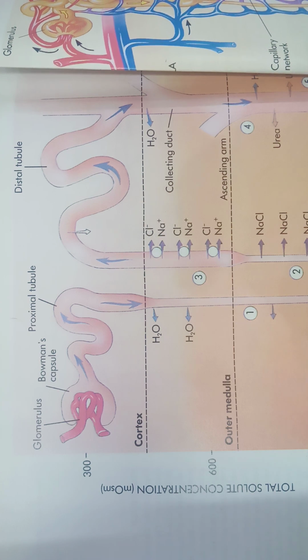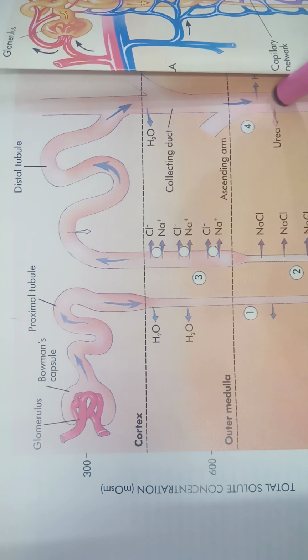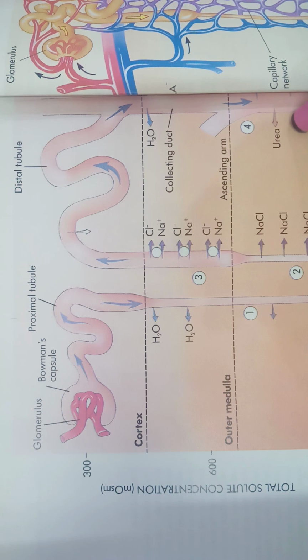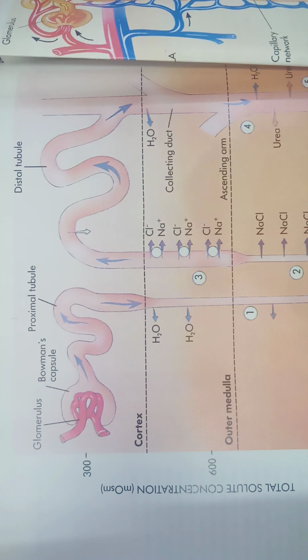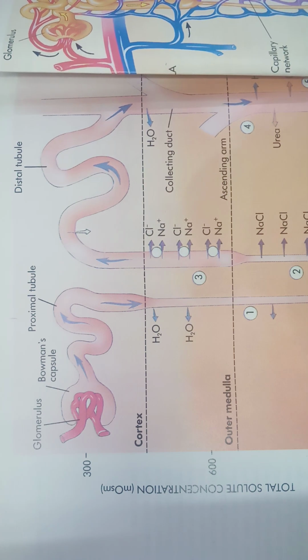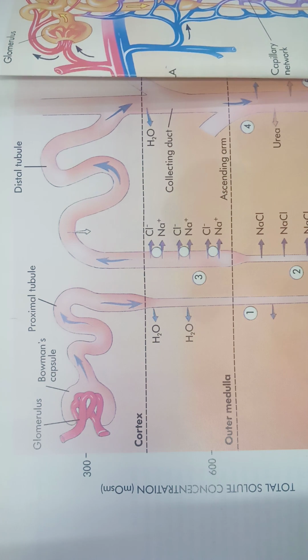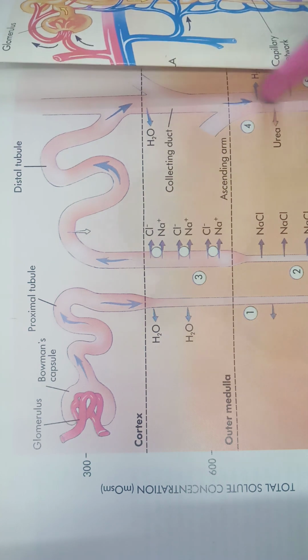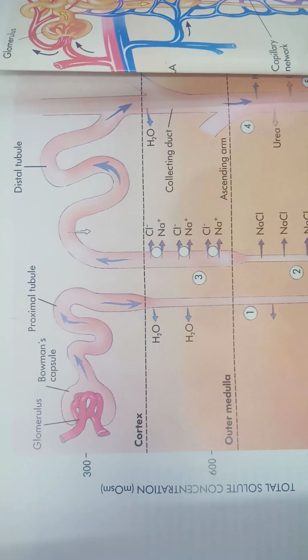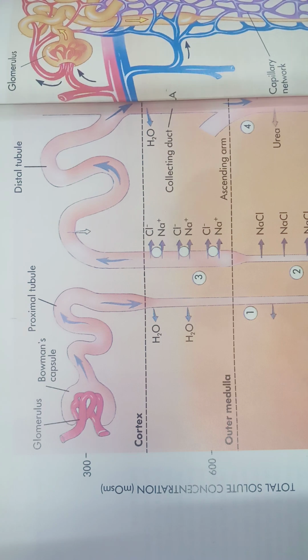In the urine collecting duct, urea passes out, and other nitrogenous wastes like ammonium ions, water, uric acid and some drugs leave the collecting duct and go back into the pelvis.